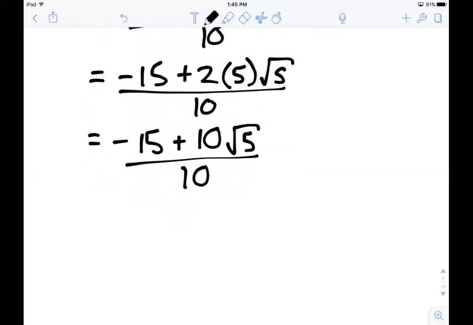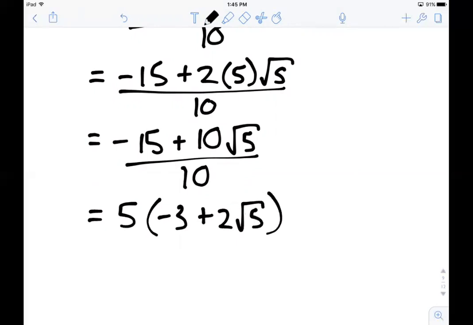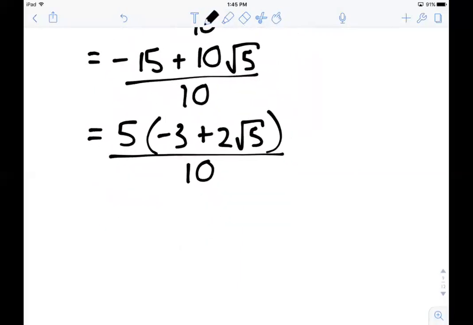And now everything on top can be divided or common factored with 5. So it could be, for example, common factor the 5, and we would have negative 3 plus 2 root 5 left over, and 10 on the bottom. And why was it important to common factor that 5?